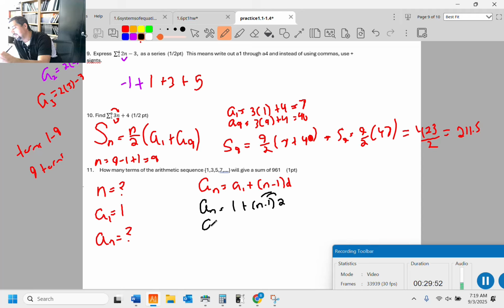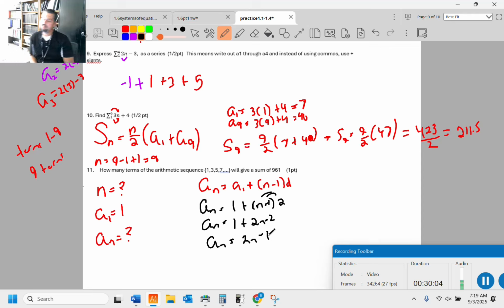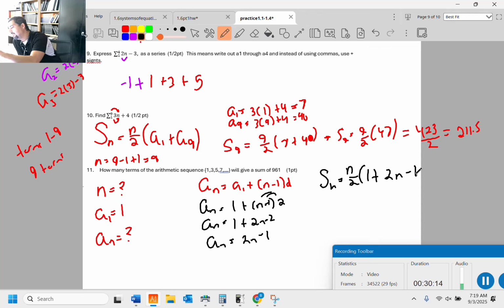And then there's the distributive property. N minus 1 times 2 is 2n minus 2. Combine like terms, we have 2n minus 1. So I have quite a bit of stuff actually. The sum of n things is n over 2 times the first term, 1, plus the last term, if only you knew n, 2n minus 1.